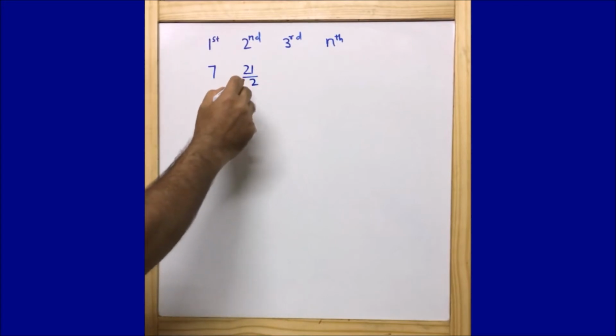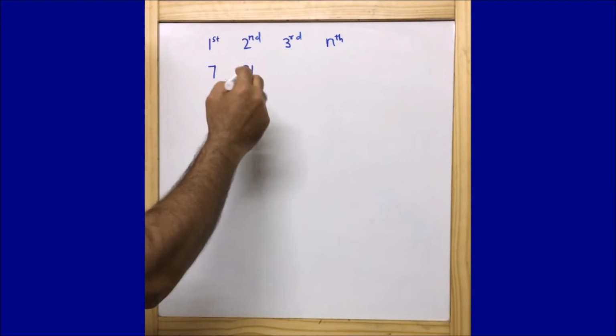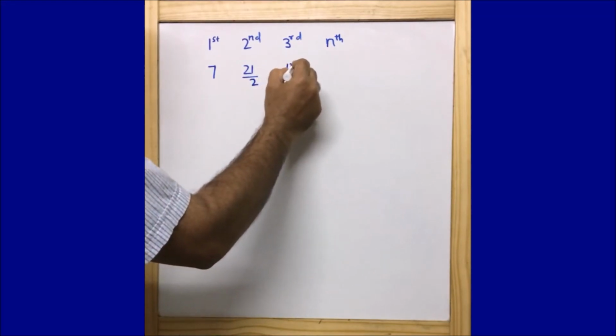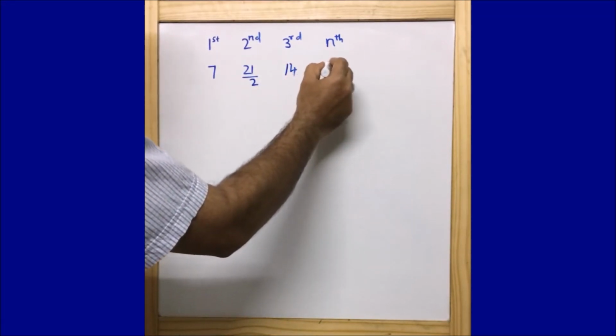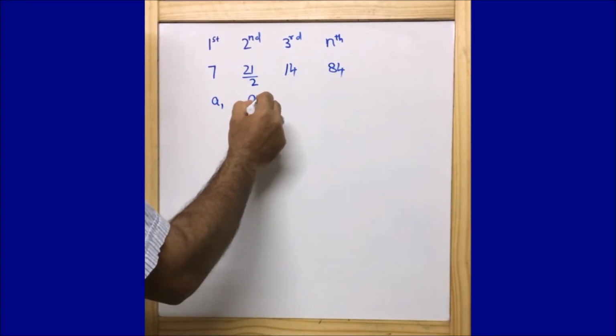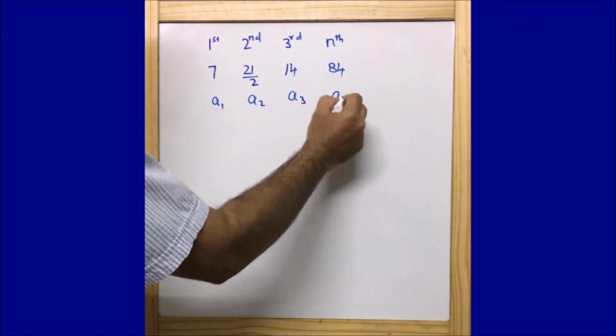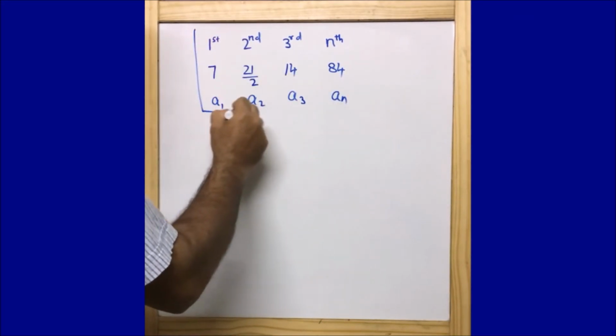Guys, don't get confused: I'm writing 10 1/2 as 21/2, and then I'm writing 14, and the last term is 84, naming these as A1, A2, A3 and An.